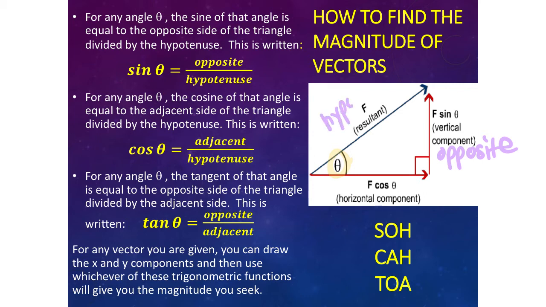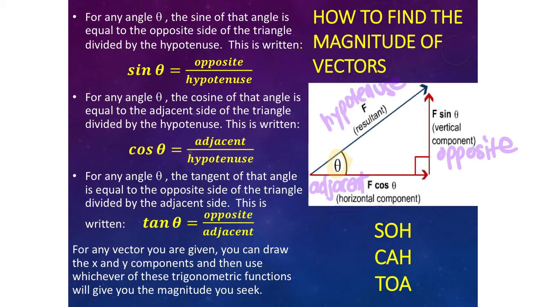This would be the hypotenuse. The cosine would be the adjacent side. Let me write this here. This would be the adjacent side divided by the hypotenuse. And the tangent would be the opposite side divided by the adjacent side.